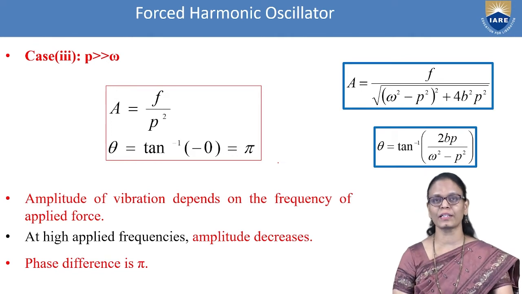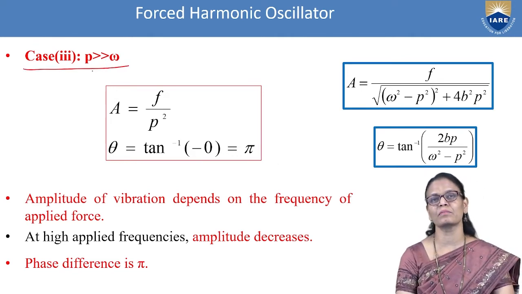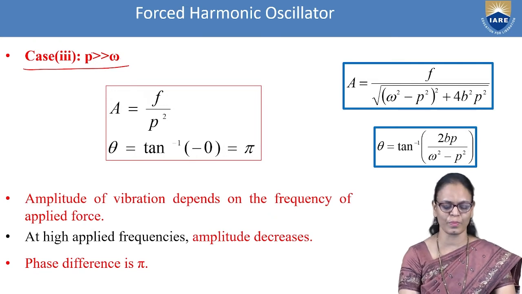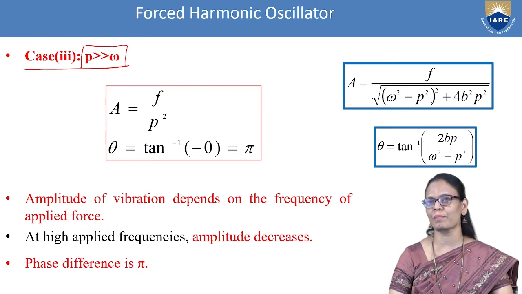Now coming to the third case, where P is much greater than the natural frequency. So the driving frequency is more than the natural frequency. Let us put this condition in the formula for amplitude. A is equal to F upon the square root of (omega square minus P square) whole square plus 4B square P square. Because P is bigger, we can simply eliminate this term.